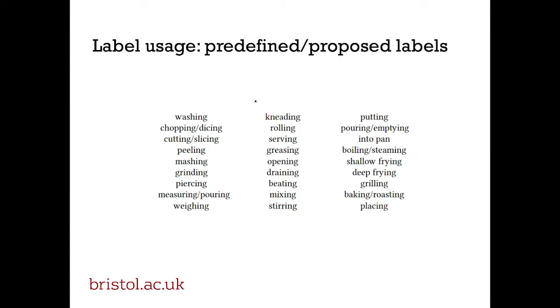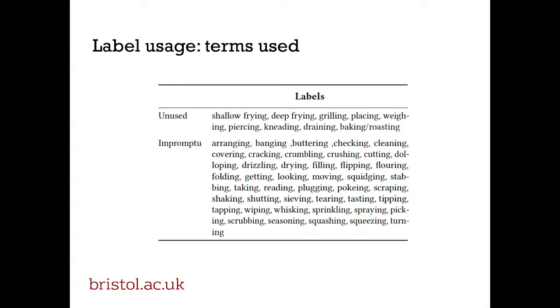Now, another clue is given to us just by looking at the predefined labels that were identified at the start of the study, as Hannah mentioned. Here is the set of predefined terms, so one can see that these are often quite specific. They come, in some cases, as she mentioned, from recipe books and so forth. A fair number of these don't get used, and partly that's just because of the recipes that people chose to do, of course.